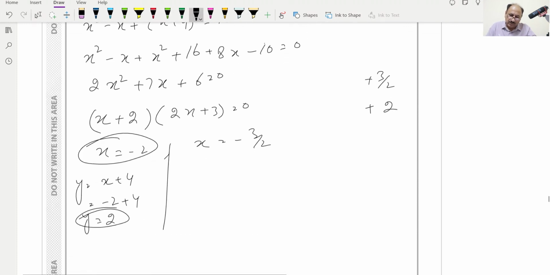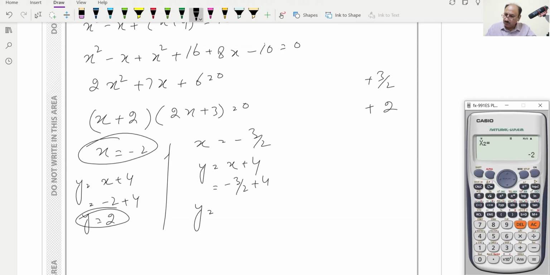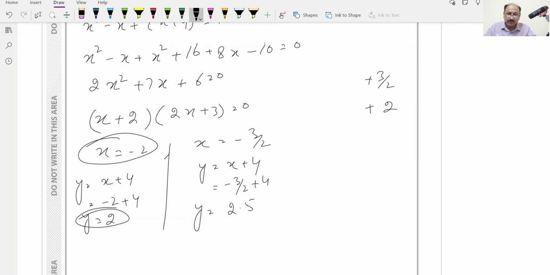Now if we replace x is equal to minus 3 by 2 in y is equal to x plus 4, y will be equal to minus 3 by 2 plus 4, which is equal to 5 by 2. 5 by 2 means 2.5, so y is equal to 2.5.